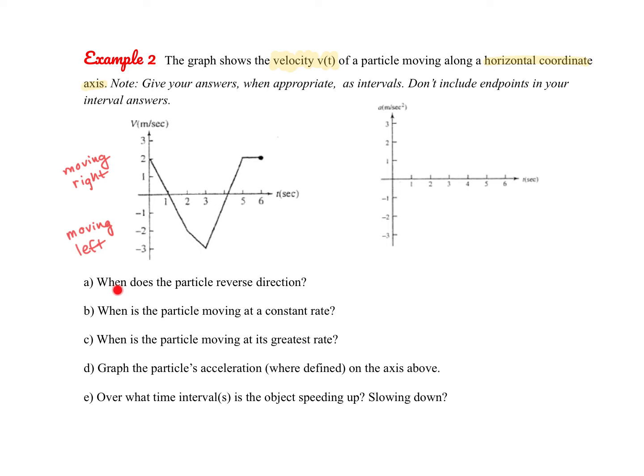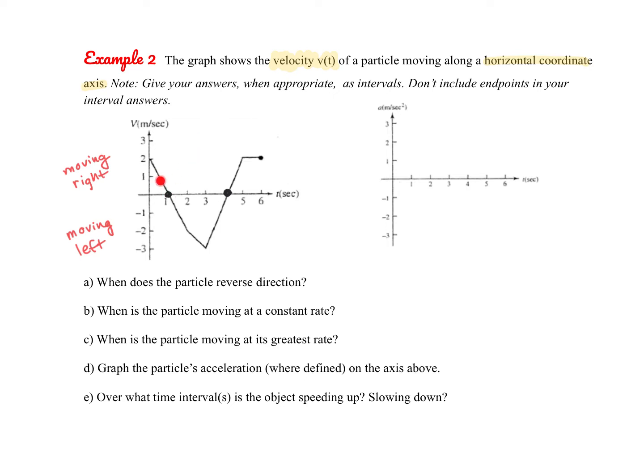Okay, so here we want to know, when does the particle reverse direction? So go from moving from the right to the left or vice versa. That's going to happen when it changes from positive to negative or from negative to positive. First we can look at the x-intercepts of our velocity function, and then we want to actually make sure that it crosses over, because it's very possible for a function to touch the x-axis and keep going, like turn back around.